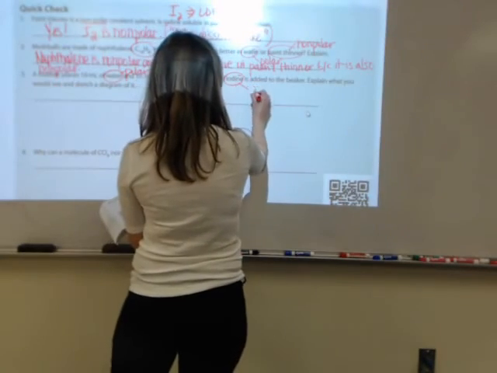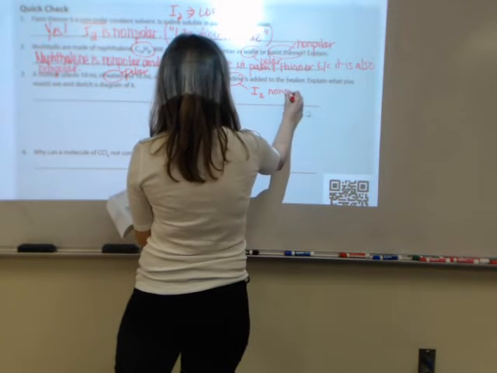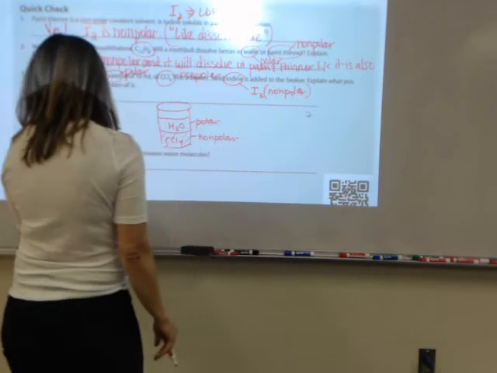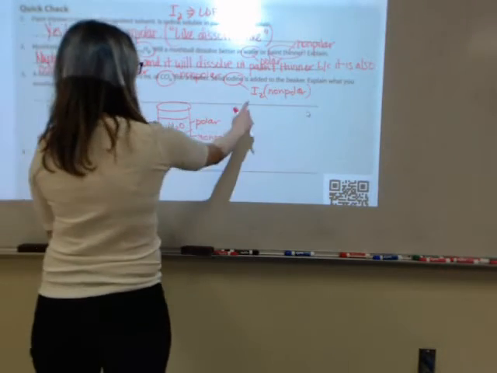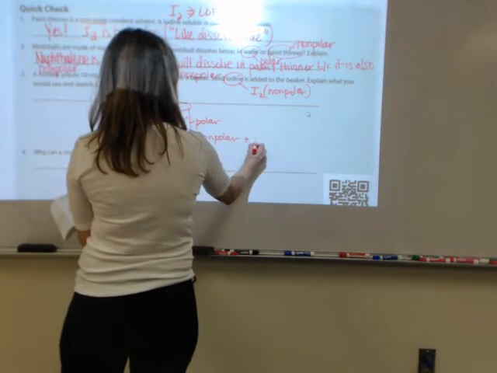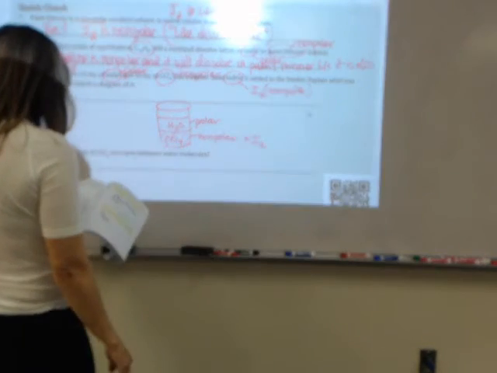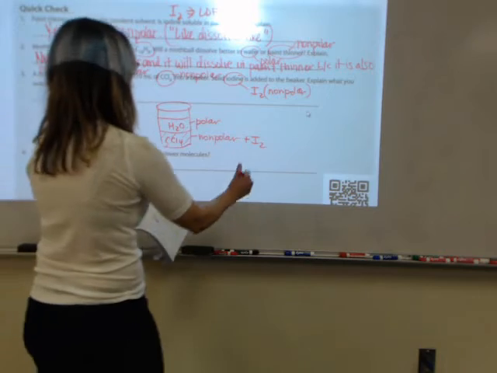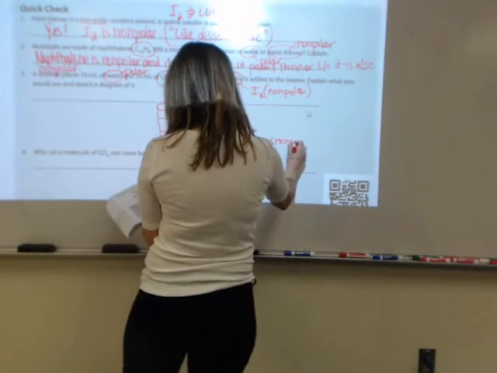So iodine is nonpolar. So that means that the iodine will mix or dissolve in the carbon tetrachloride layer because iodine is also nonpolar.